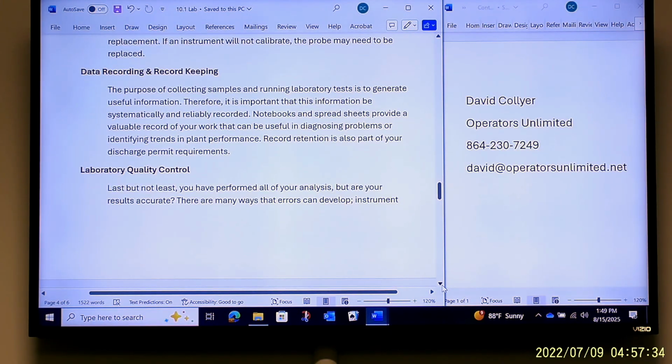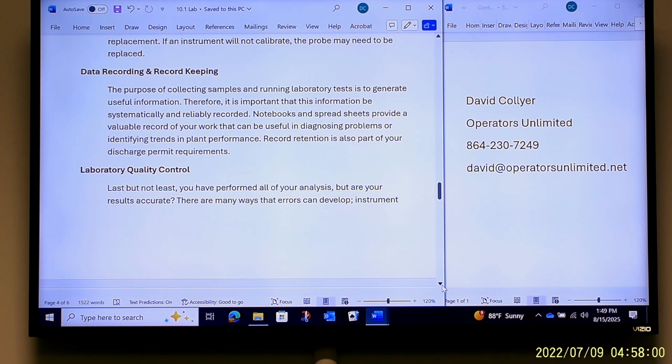Now we're going to talk about records and data recording. The purpose of collecting samples and running the laboratory tests is to generate useful information. Therefore, it is important that this information be systematically and reliably recorded.